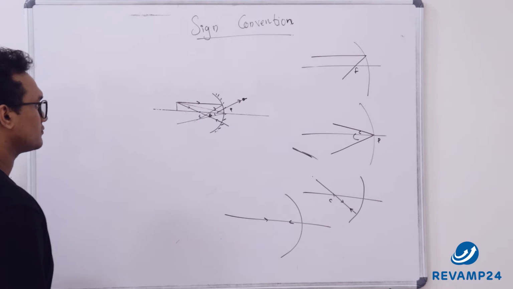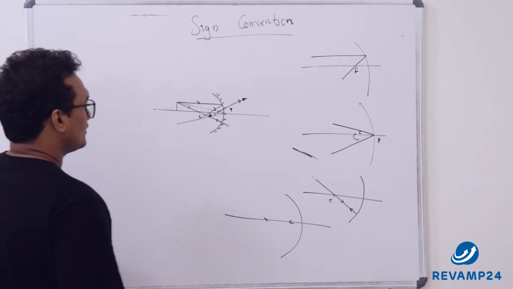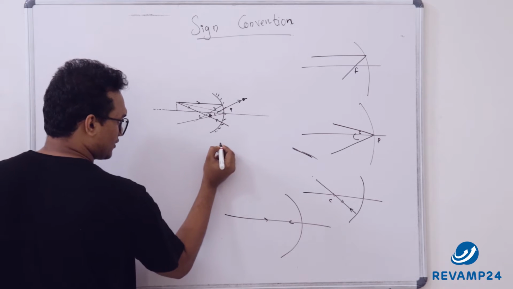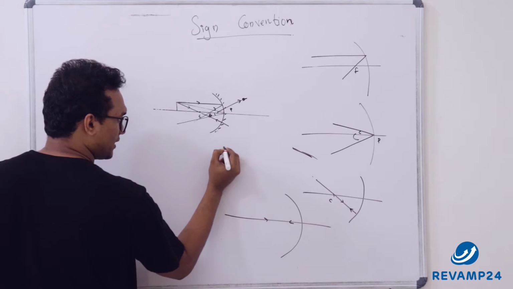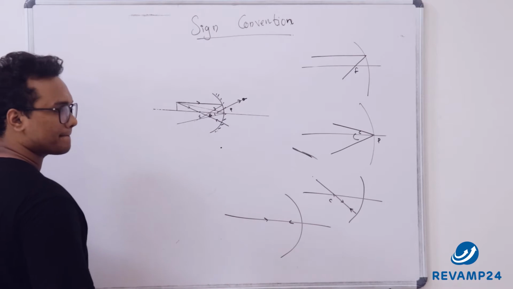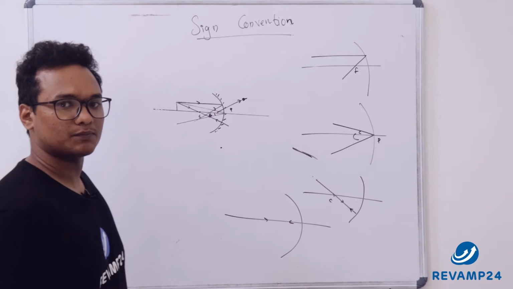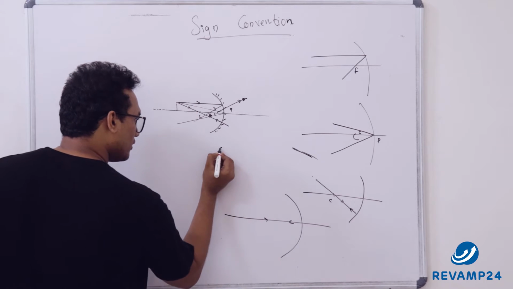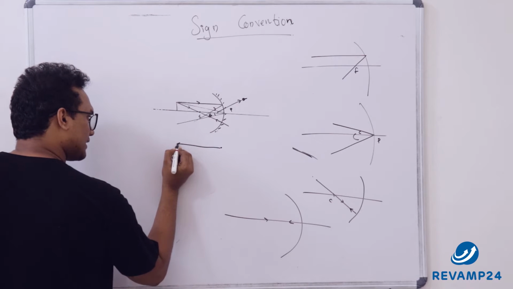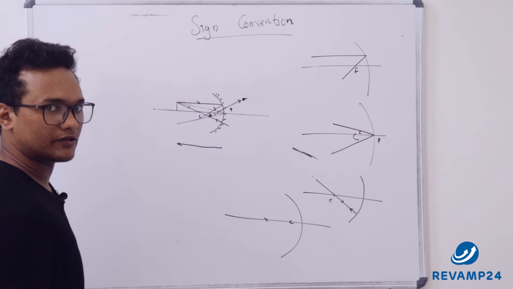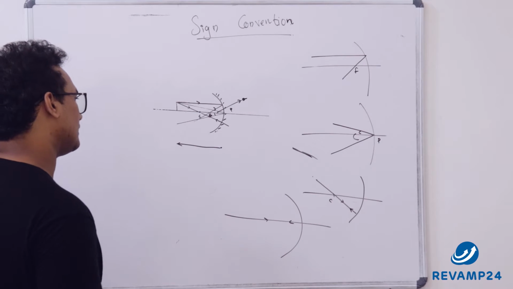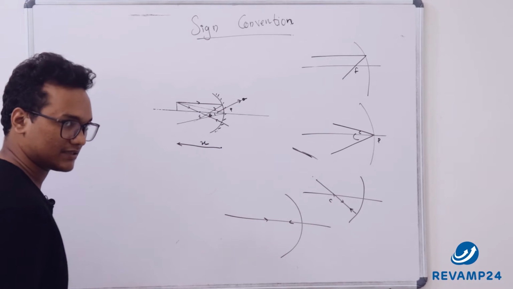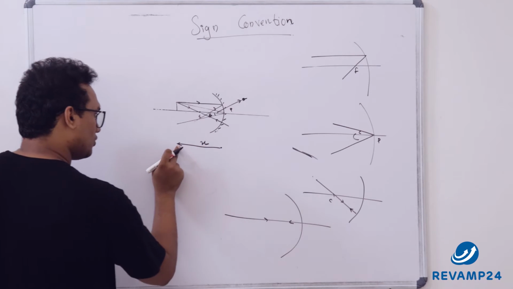Okay, now we have this as the object distance. Object distance would always be measured from P. Always the distance is measured from the pole. From the pole, where the object is, we will draw a straight line till there, and this represents my object distance, from pole to object.